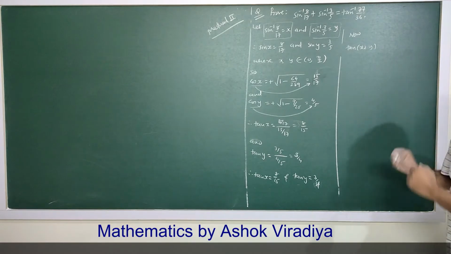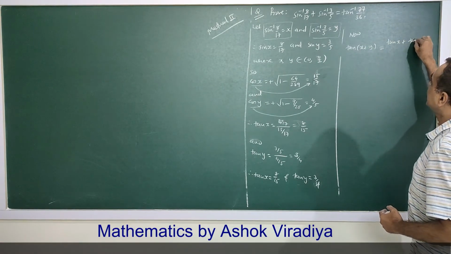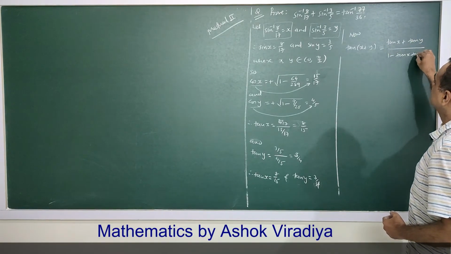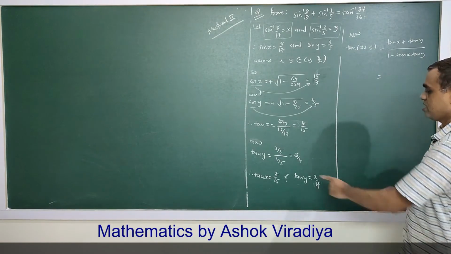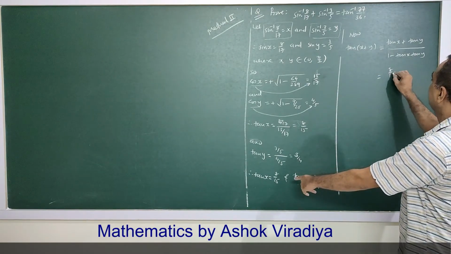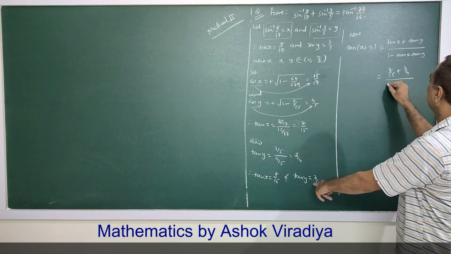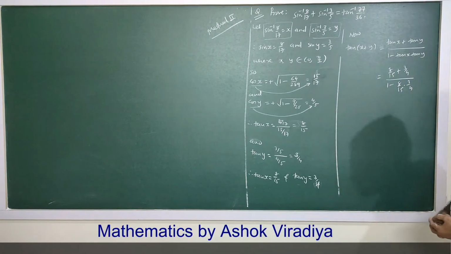So the formula for tan of x plus y is tan x plus tan y upon 1 minus tan x into tan y. Putting in the values, tan x is 8 by 15, tan y is 3 by 4. 1 minus 8 by 15 into 3 by 4.